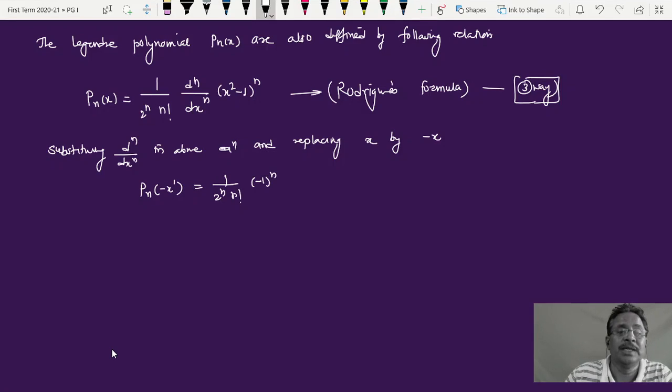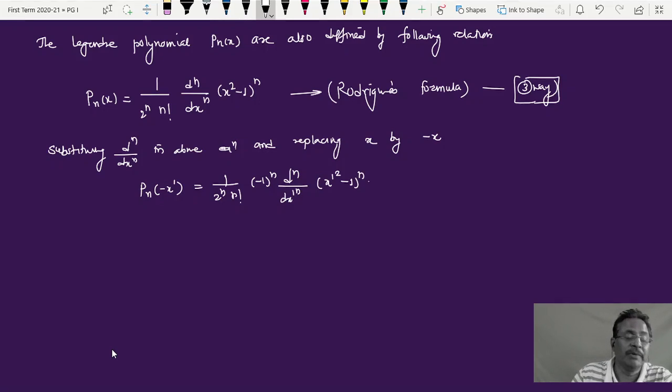I am replacing d raised to n upon dx raised to n with d raised to n upon dx prime raised to n, multiplied by x prime square minus 1 raised to n.